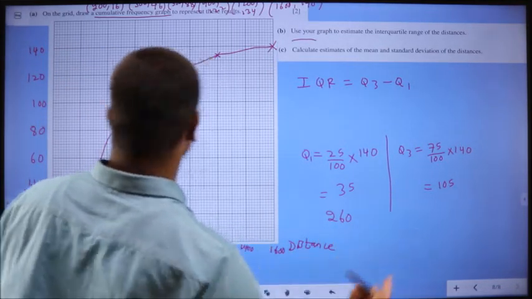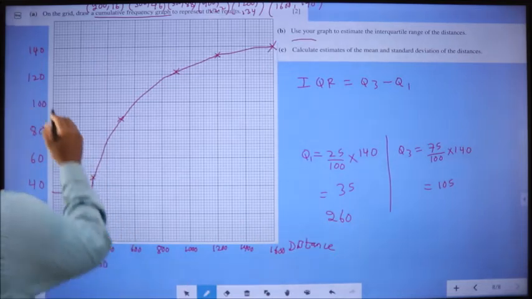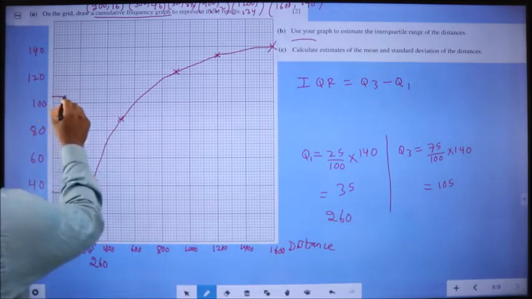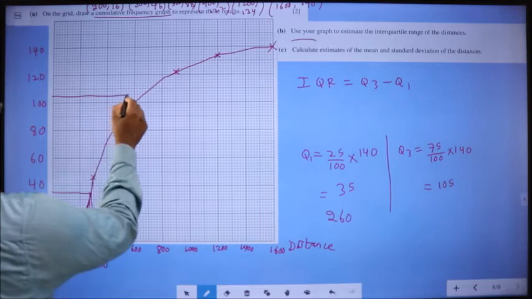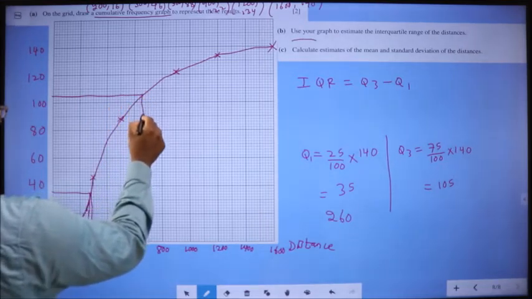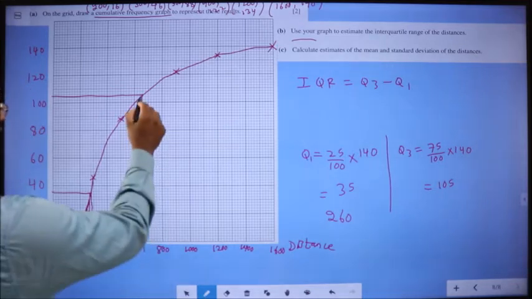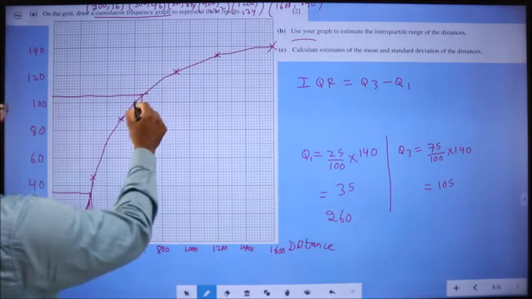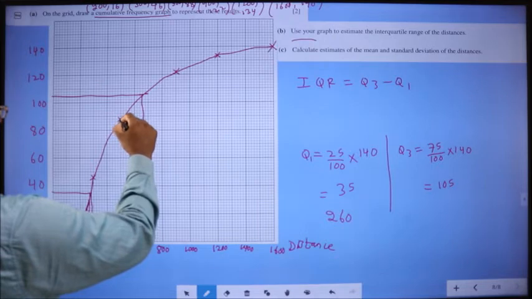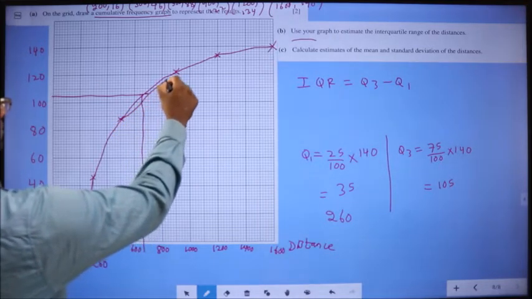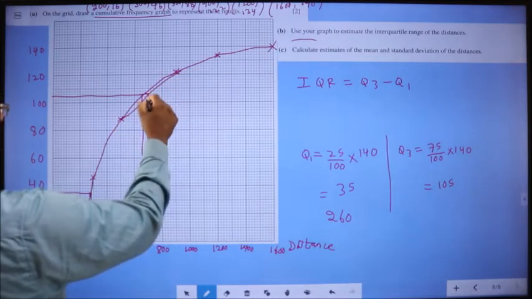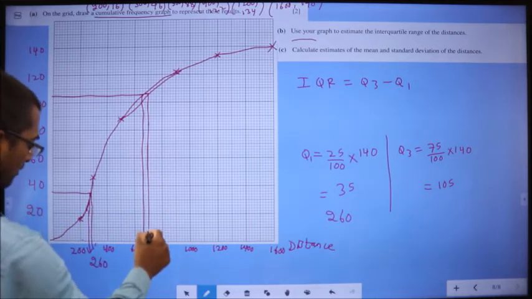Now for Q3 at 105. So this is 102, 104, 105 will be somewhere around here like this. And I get this line over here. But it should meet over here. The graph needs to go in this way, so that I get Q3 to be 700.